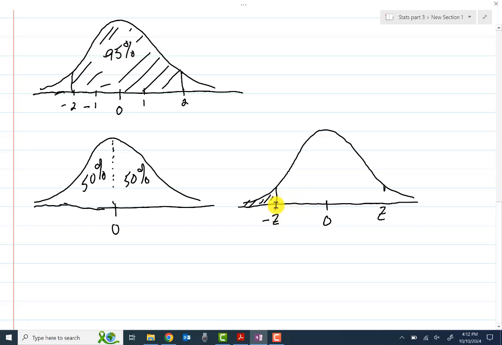If I have an area that goes from some negative number to the left, then the area in this piece, the reflection, if you will, through the 0 line, the reflection over here, this area over here is the same. So these 2 areas are exactly the same.